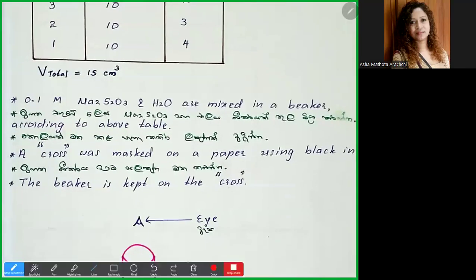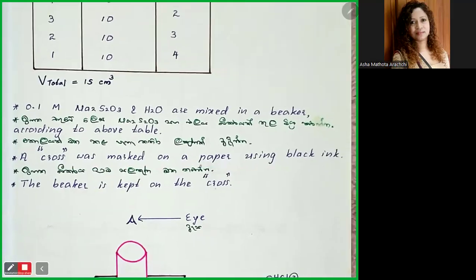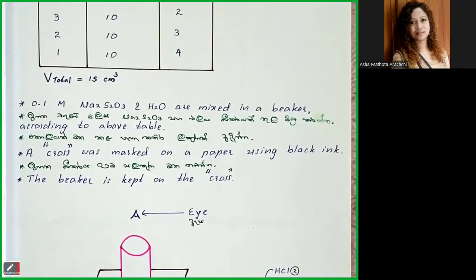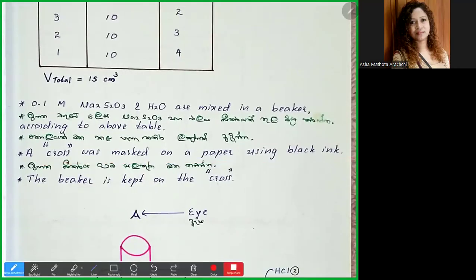Next point. A cross was marked on a paper using black ink.